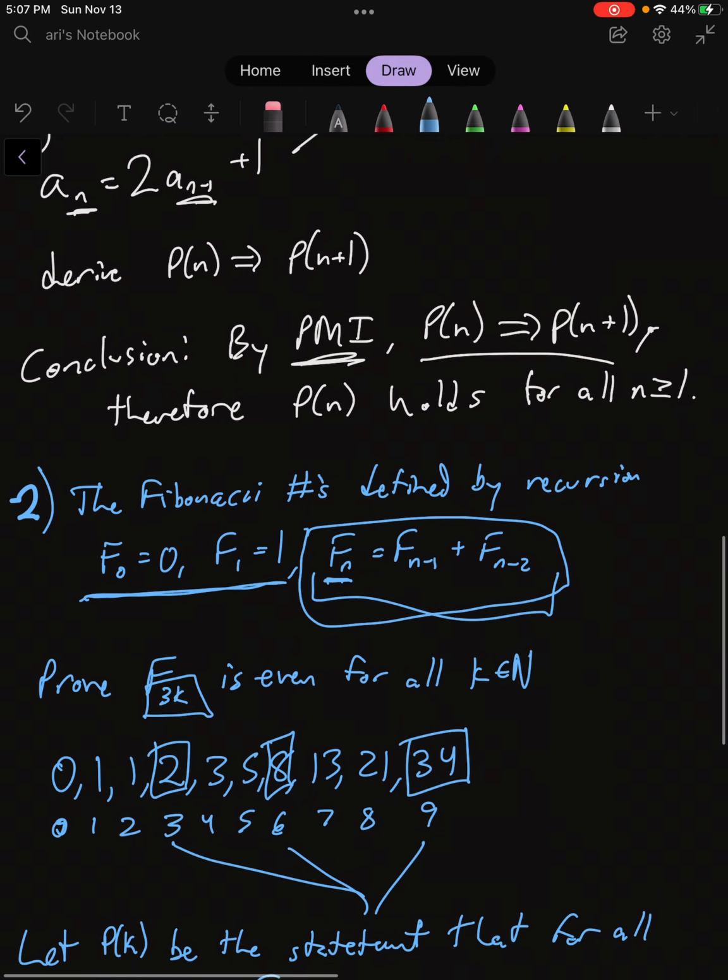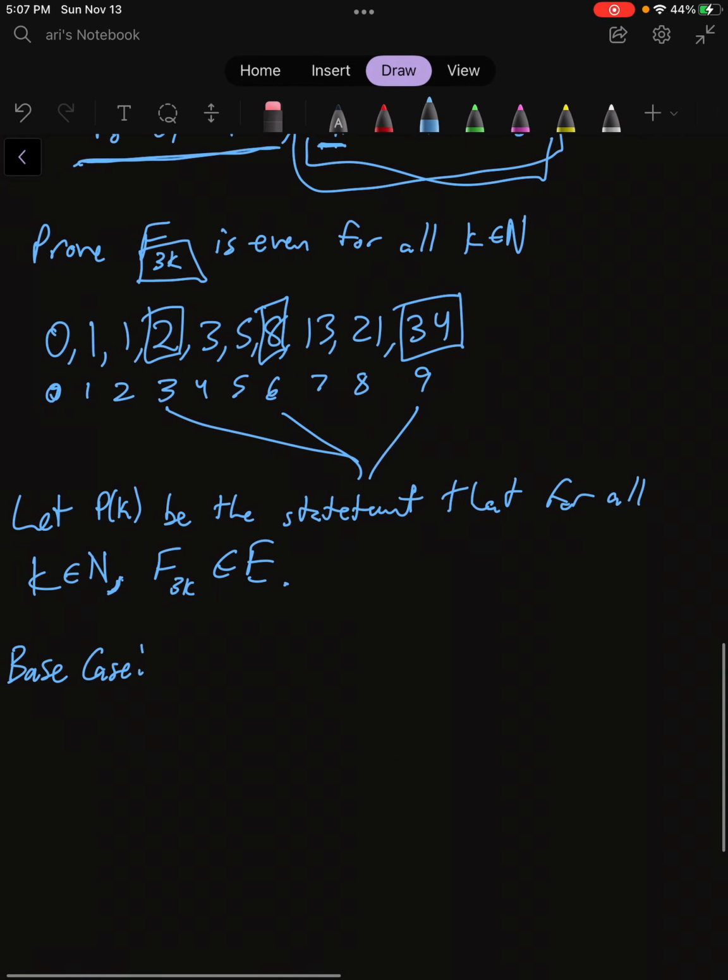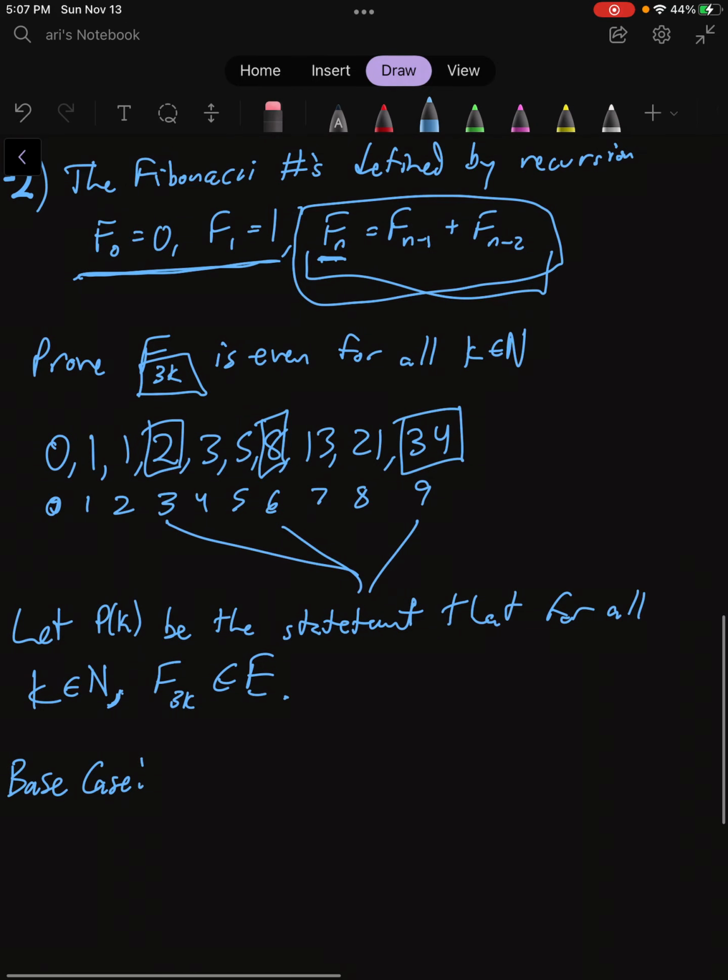We're going to use k. So p of k is the statement that for all k in the naturals, f of 3k is even. And what do we know about this f of 3k? It's going to follow this formula of f of n equals f of n minus 1 plus f of n minus 2. It's going to be the sum of the previous 2. That's all we know.